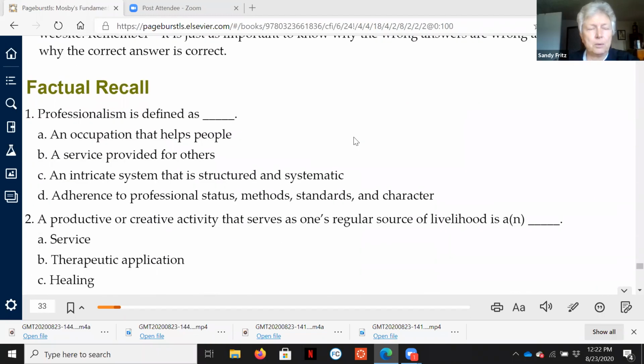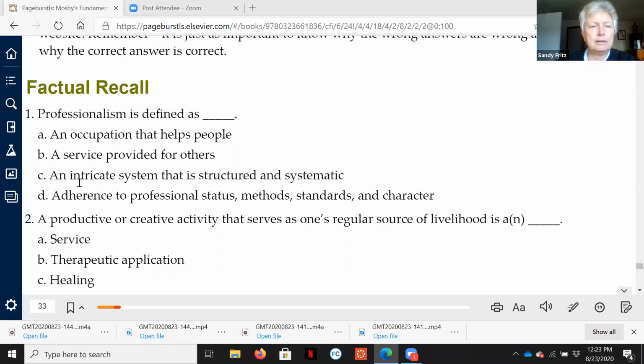So this very first one is a true factual recall. Professionalism is defined as. You probably won't find a question like this on the NCLEX exam, but it is a good study question. So let's look at all the terms. We've got professionalism. Then down in here we have occupation, service.